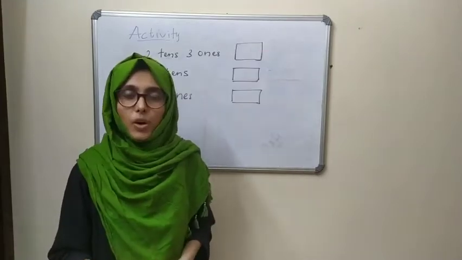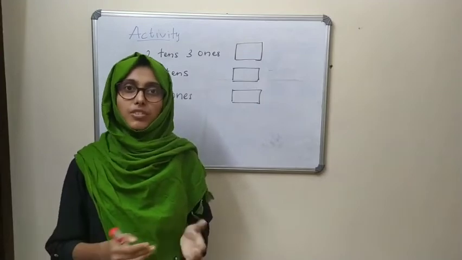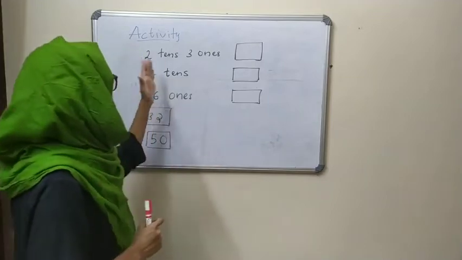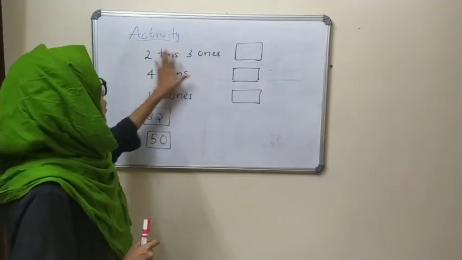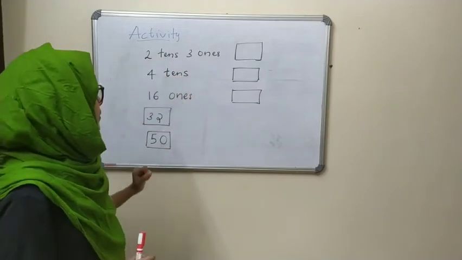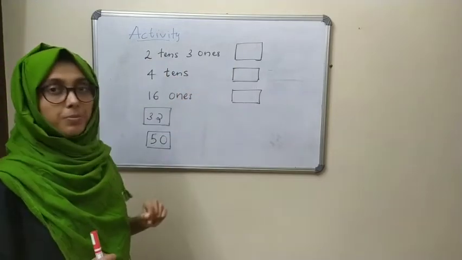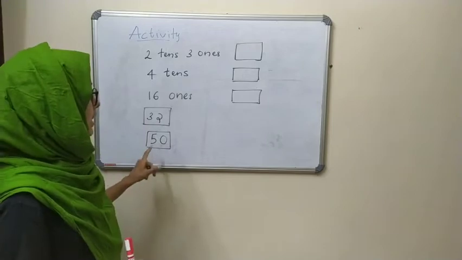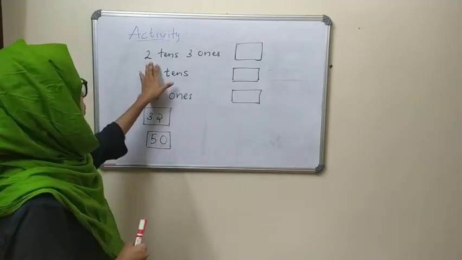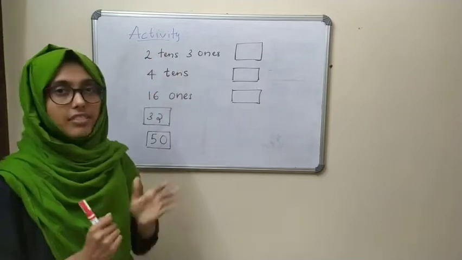Okay. Now my dear students, we are going to do one more activity. Here you can see some figures are here. That means some words are here and there are some columns. Here some numbers are here and you want to write here. Okay. So here you can see 2 tens and 3 ones.